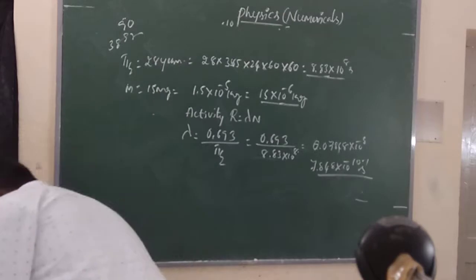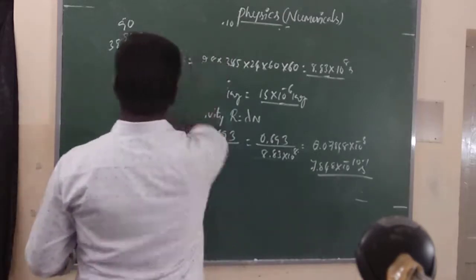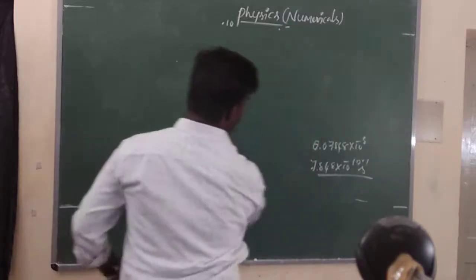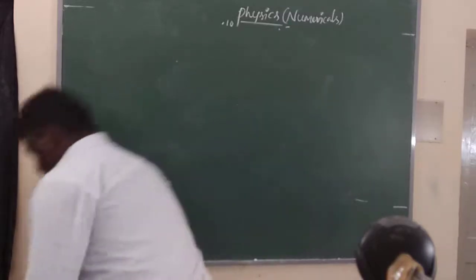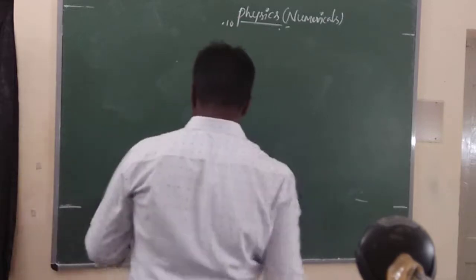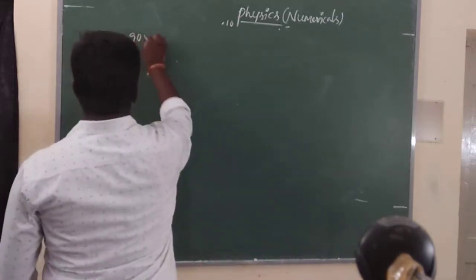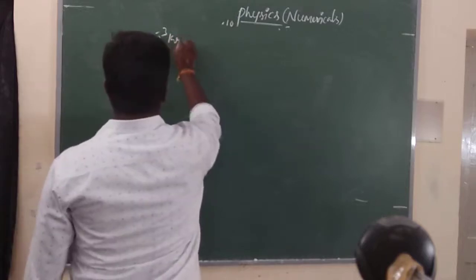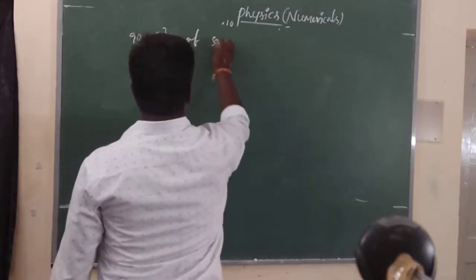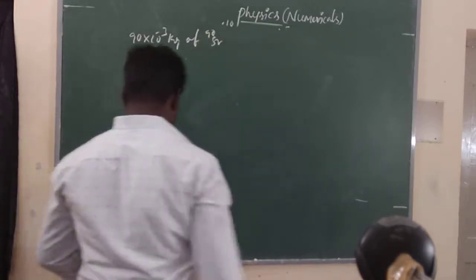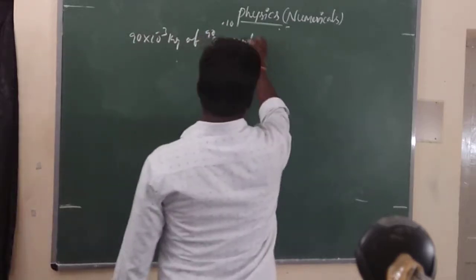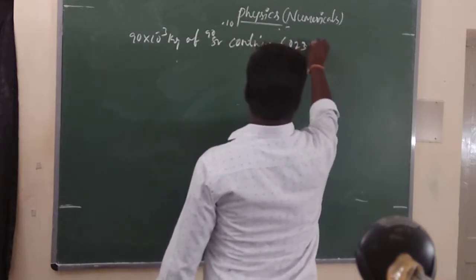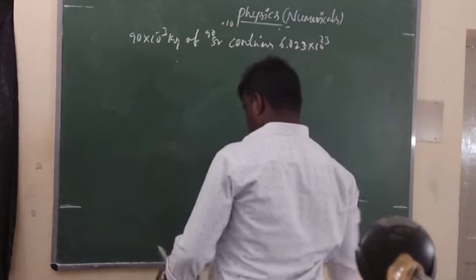Next, 90 into 10 to the power of minus 3 kg of strontium 90 contains how many atoms? It contains 6.023 into 10 to the power of 23.